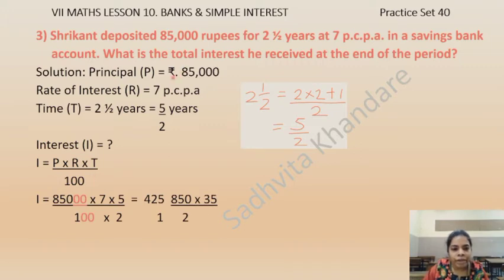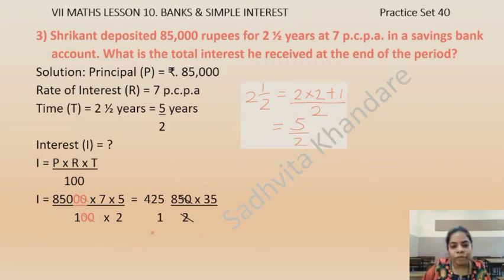See now, 85,000 is the principal, R was 7 and T was 5 upon 2. So 5 came up in the numerator and 2 went down in the denominator. So then this is what we are getting after cancellation children. See, 2 ones are 2 and 2 into 425 is 850.